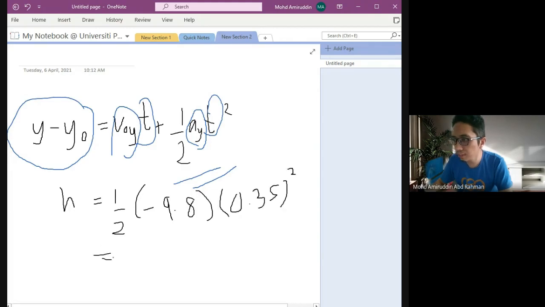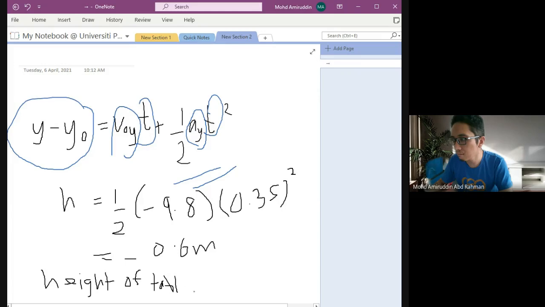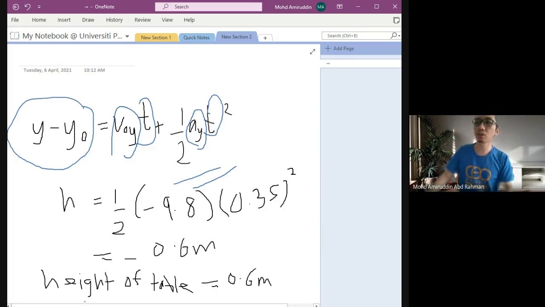So the answer is minus 0.6. So the height of the table is 0.6 meter. Okay, so that's the answer for A.